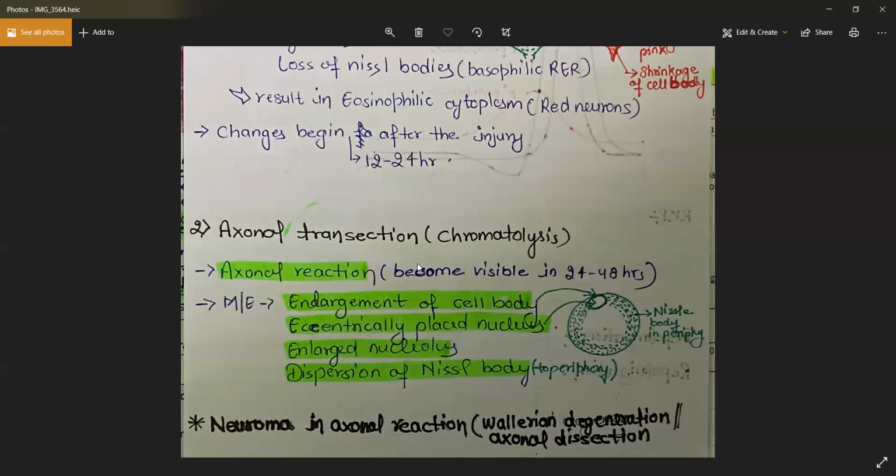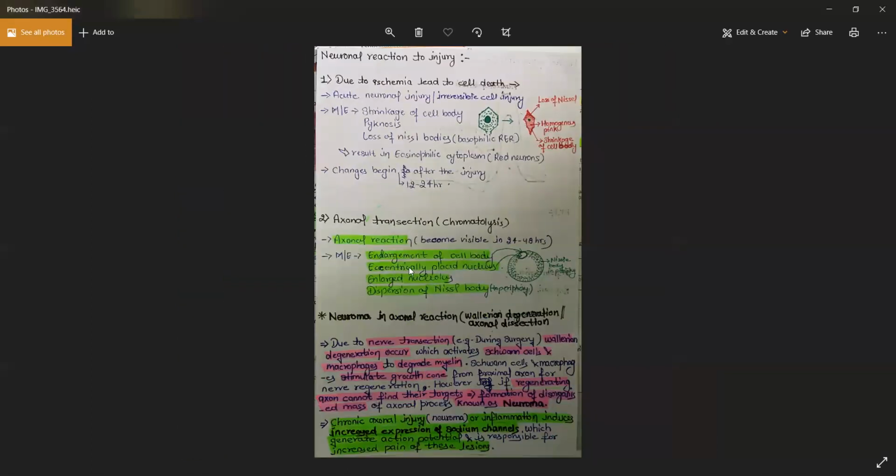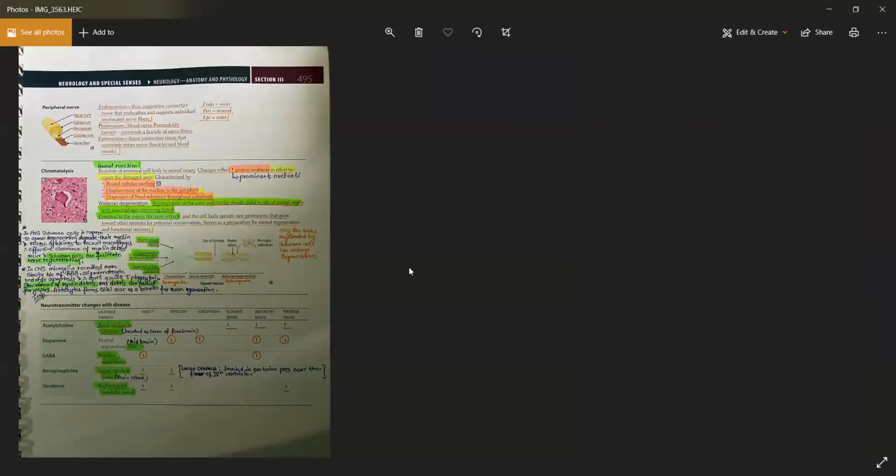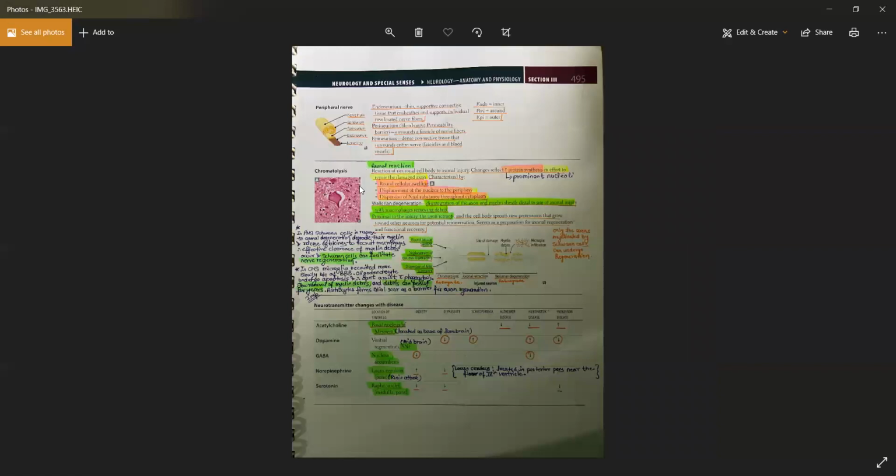So these are the two damages that happen in your brain. Now we will take a short break, and after the break, we'll discuss chromatolysis or the regeneration process. Any doubt? No, thank you. Okay, so we'll take a short break now.